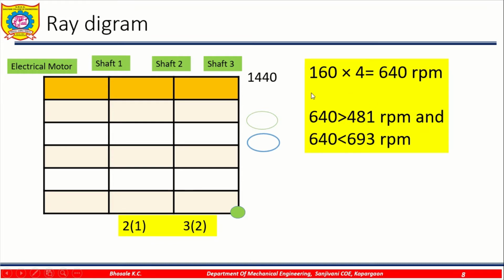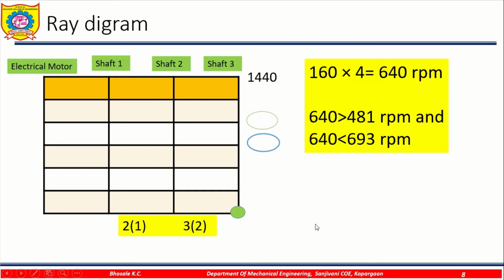Here the lowest RPM is 160. This node point is getting the speed from shaft 2. When we are reducing the speed from shaft number 2 to shaft number 3, it should be limited to 1 by 4 times.